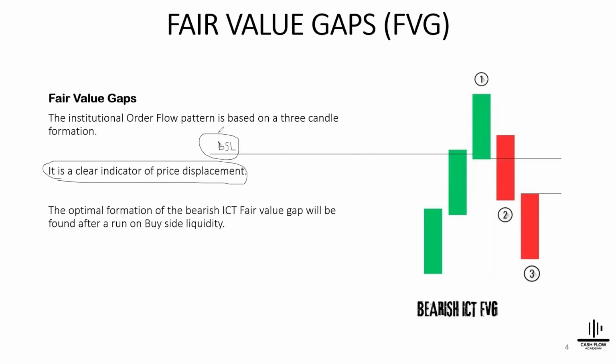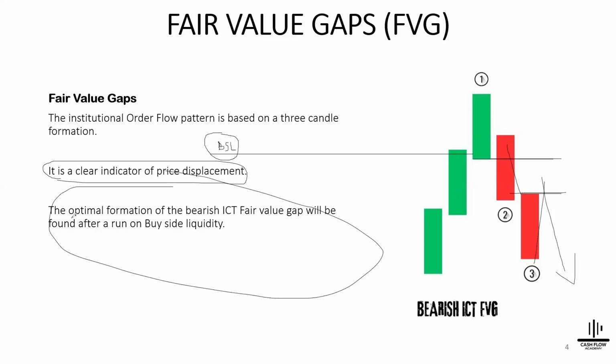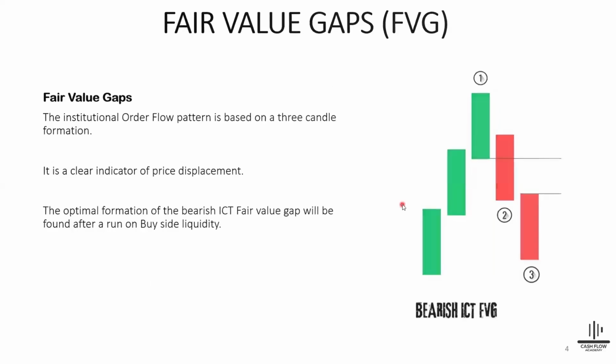So once you see price take out buy-side liquidity with the creation of a fair value gap, which is proof of displacement, we would expect that price is likely to return to close this gap to continue lower. So it is optimal to find this after buy-side liquidity has been taken. It creates an opportunity for a sell. I told you that two places price move to: liquidity above and below the market and fair value gaps.